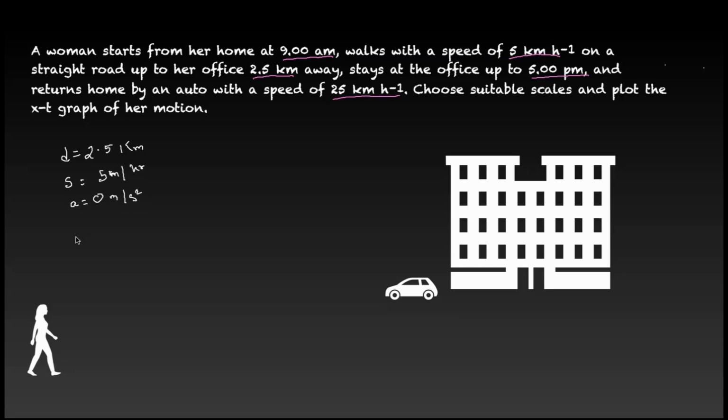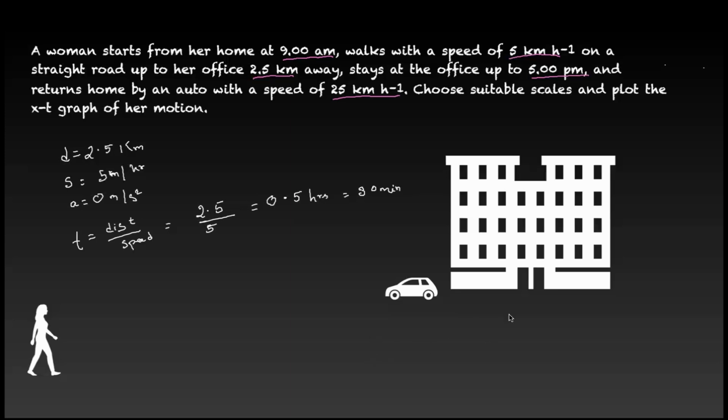Since acceleration is 0, time is distance traveled upon speed. Distance is 2.5 kilometers, speed is 5 kilometers per hour. This gives you 0.5 hours, or multiplying by 60, 30 minutes.